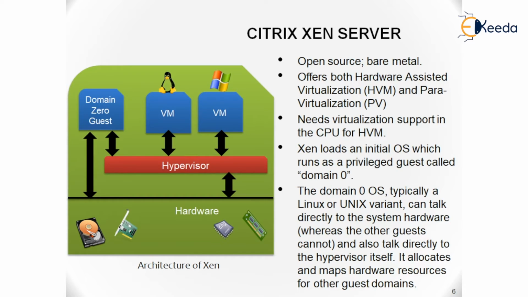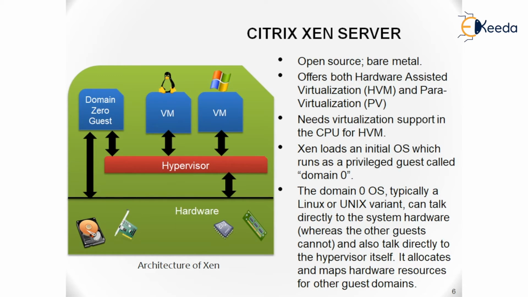Then Xen loads an initial operating system which runs as a privileged guest called domain 0. So when the hypervisor is directly installed on the CPU, with that there are multiple operating systems running simultaneously on that hardware resources.